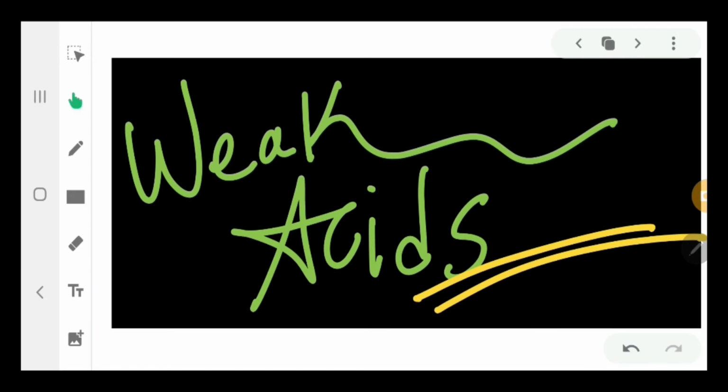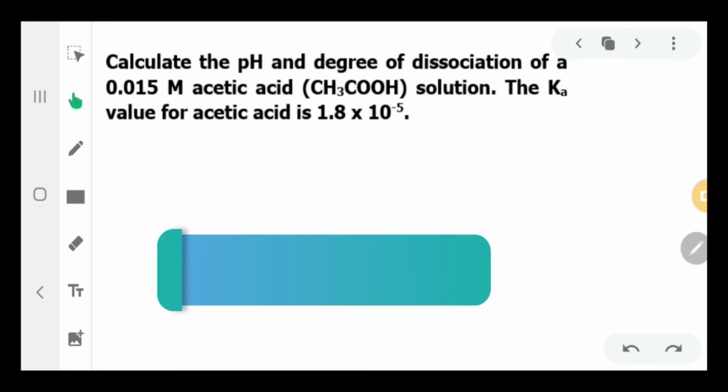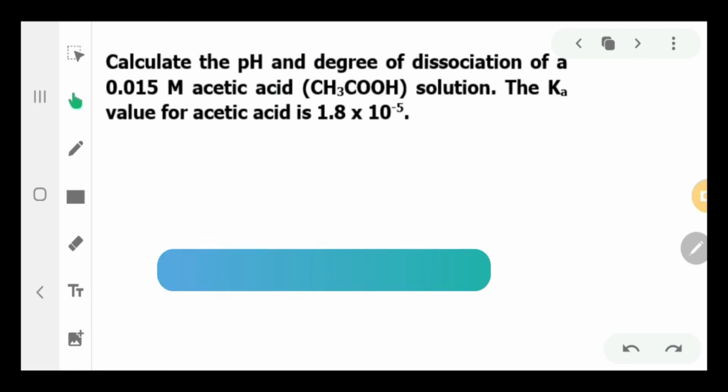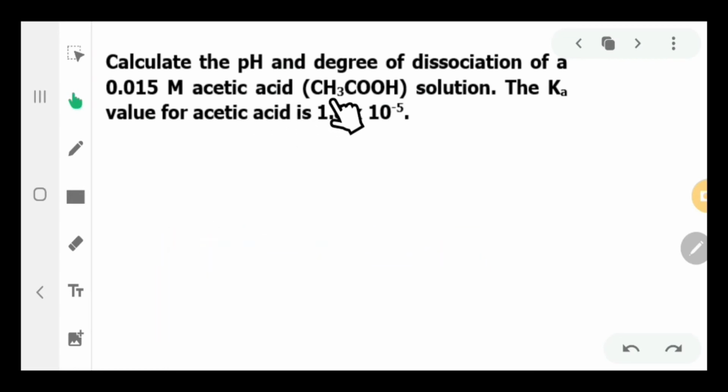Now let's have a look at how to solve a few problems regarding weak acids. Remember, for weak acids and bases, we're going to use the ICE table to solve this. This is a very typical question for weak acids, and acetic acid, CH3COOH, is the most classic example.